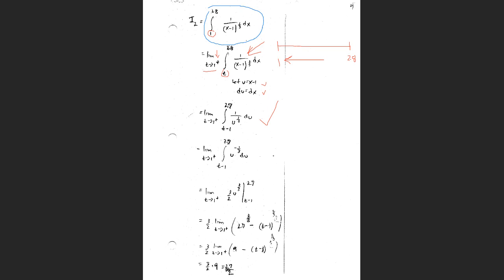Okay, so I'll end up getting t minus 1 to the 2/3 power. As t approaches 1 from the right, that's going to approach 1 minus 1 to the 2/3 power, and that's just 0 to the 2/3 power.